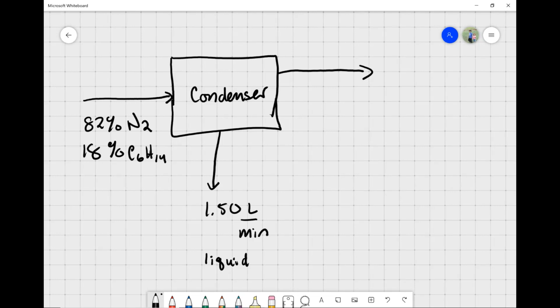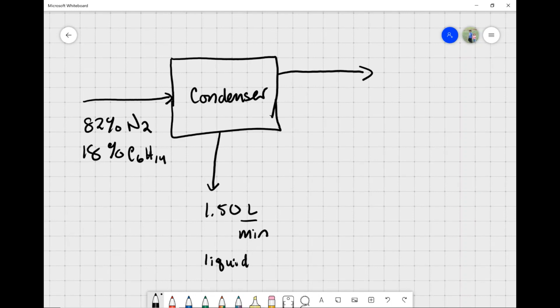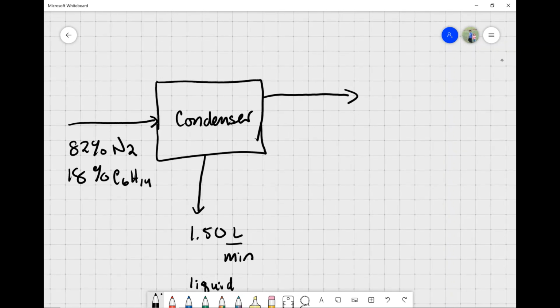So there's a lot of conversions, but let's finish doing this. They want to know the exit stream, the molar flow rate. So this is N2. All the N2 is going here, so it's 95%. And it was C6, and it was 5%.